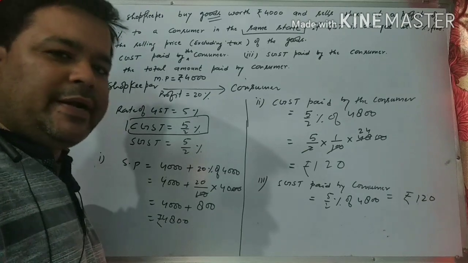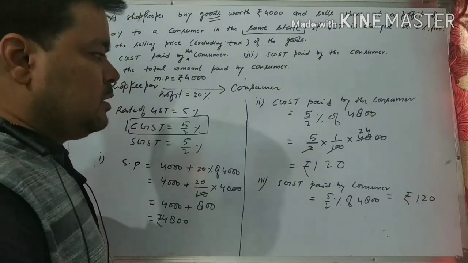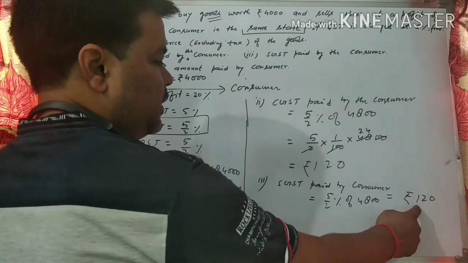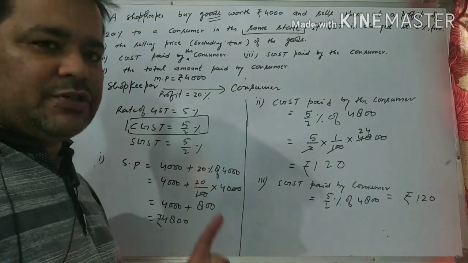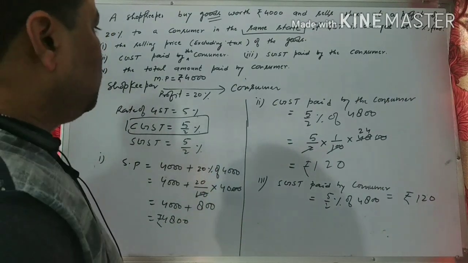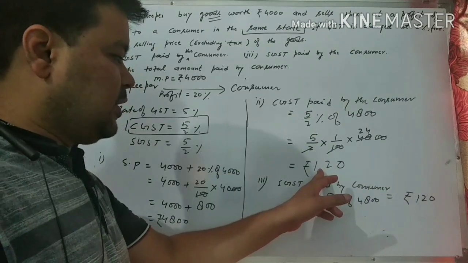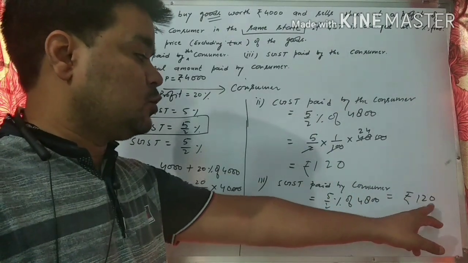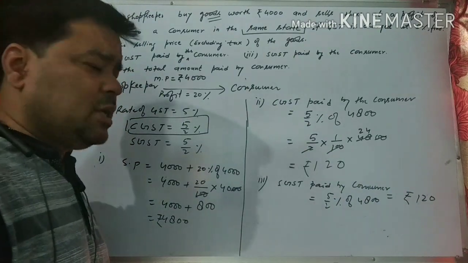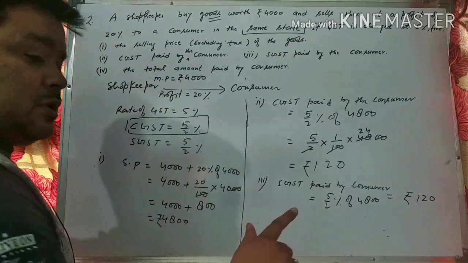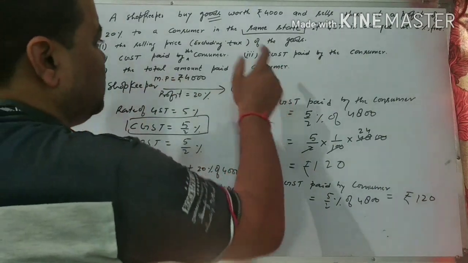Okay, 120. It means the consumer has to pay 120 plus 120, that is 240 rupees as GST. Getting it? Now what is the use of this 240 rupees, 120 here and 120 here? It will be used in the next question, the total amount paid by the consumer.